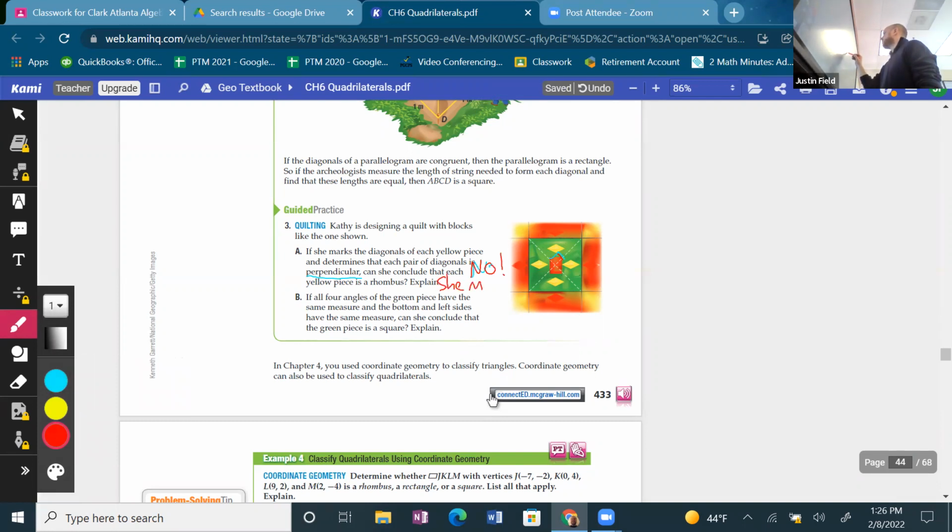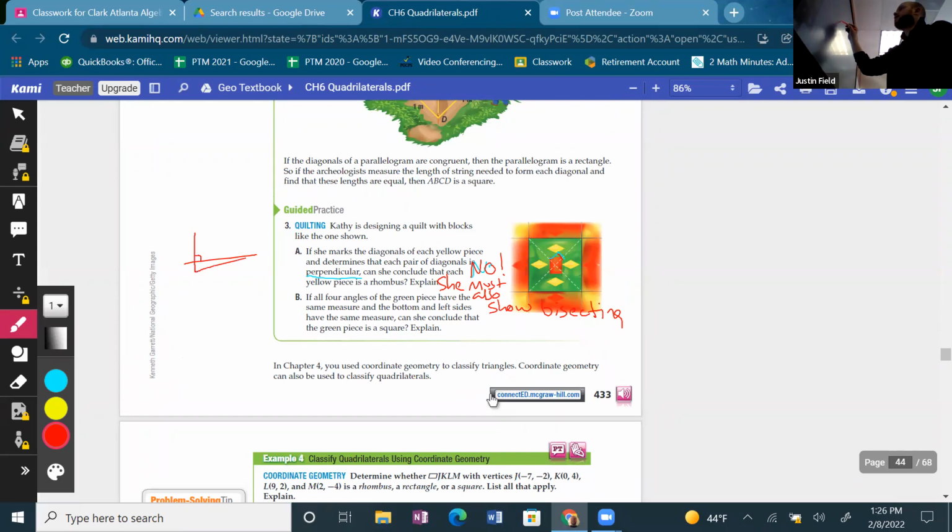She must also show bisecting, right? Because there are other figures. If you had perpendicular, you could have perpendicular like that, and that is definitely not a rhombus.